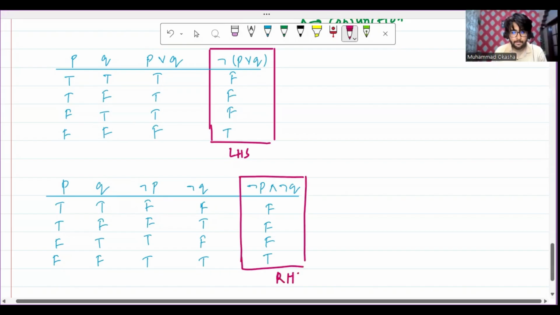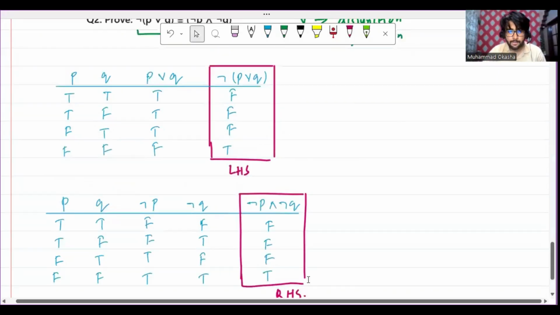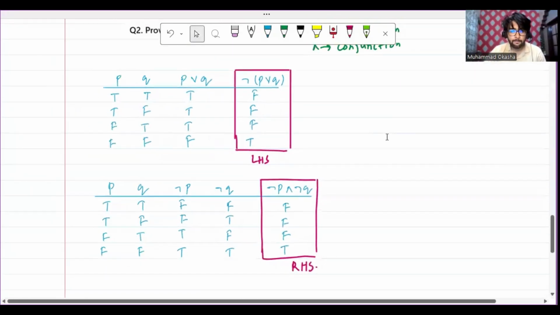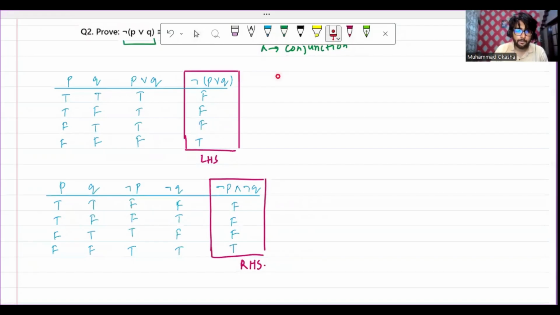If you carefully notice, left hand side is equal to right hand side, is it? We have false, false, false, false, false, false. Last one is true, last one is true, which means I can say left hand side is equal to right hand side.